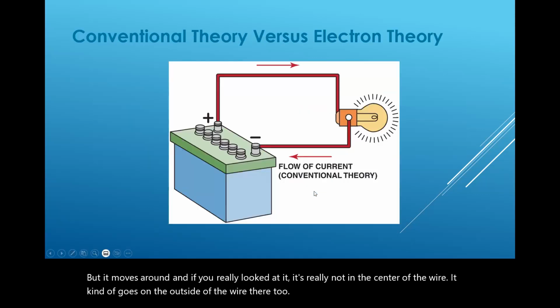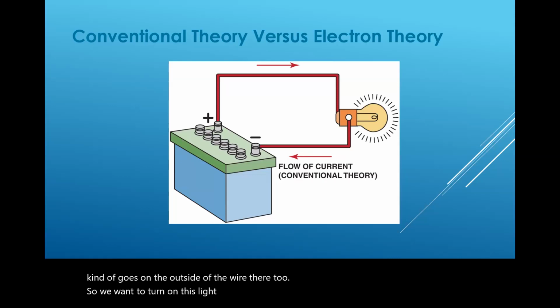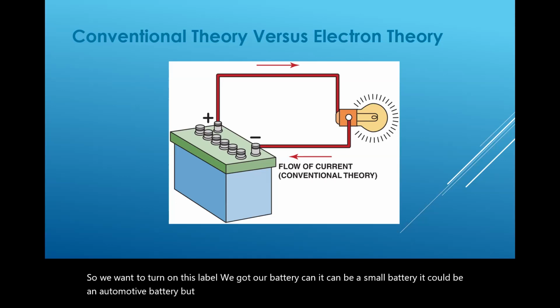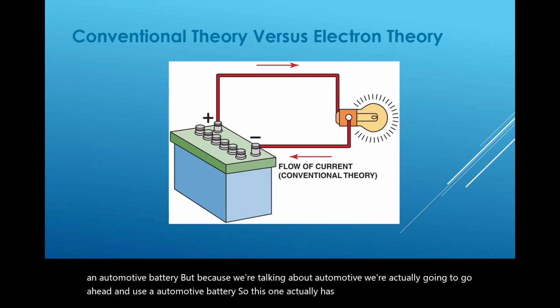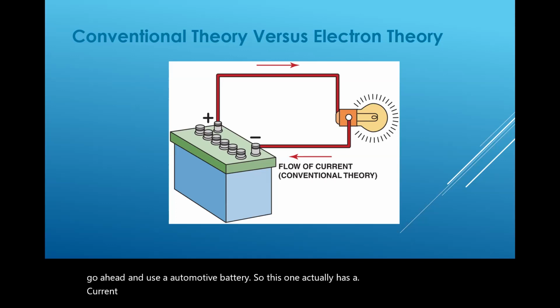So we want to turn on this light bulb. We've got a battery. It can be a small battery, it can be an automotive battery, but because we're talking about automotive, we're going to use an automotive battery. So this one has a current flowing through, and depending on who you talk to is the difference between conventional theory versus electron theory.